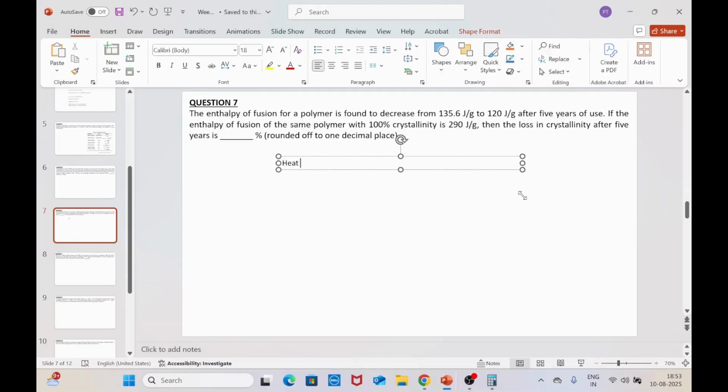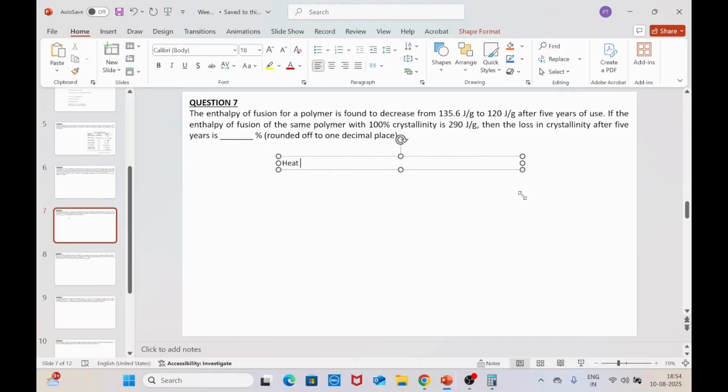Not the initial, but that same polymer if it has 100% crystallinity. The initial one is 135.6. 290 is if you have the same polymer, but let's say that polymer has a crystallinity of 100 percentage.